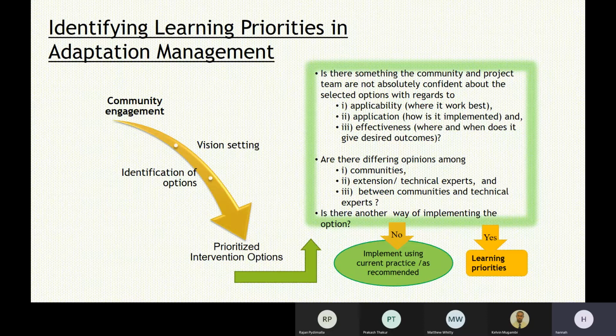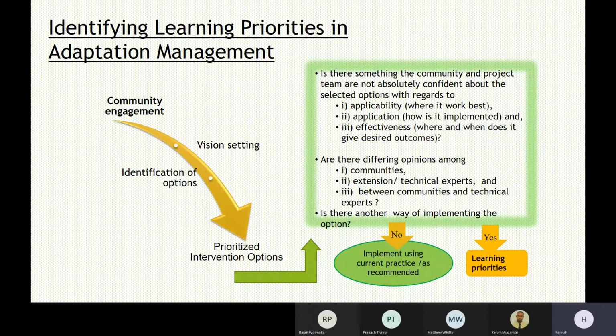Because when we engage the community and set the visions together, identify and prioritize intervention options together, we get to see where the gaps are and what the learning priorities are, and what we are leaving the community with. They will embrace the process because they have been engaged all through, and they will own the successes they earn.